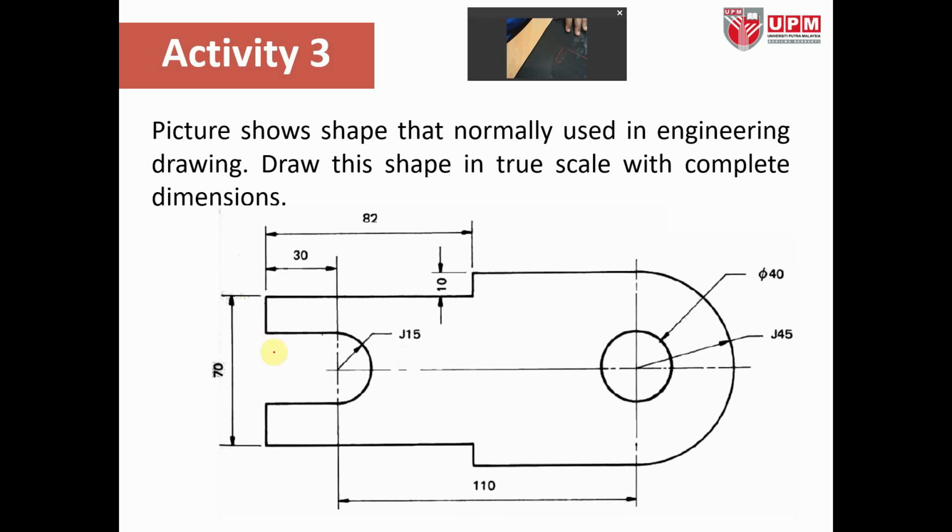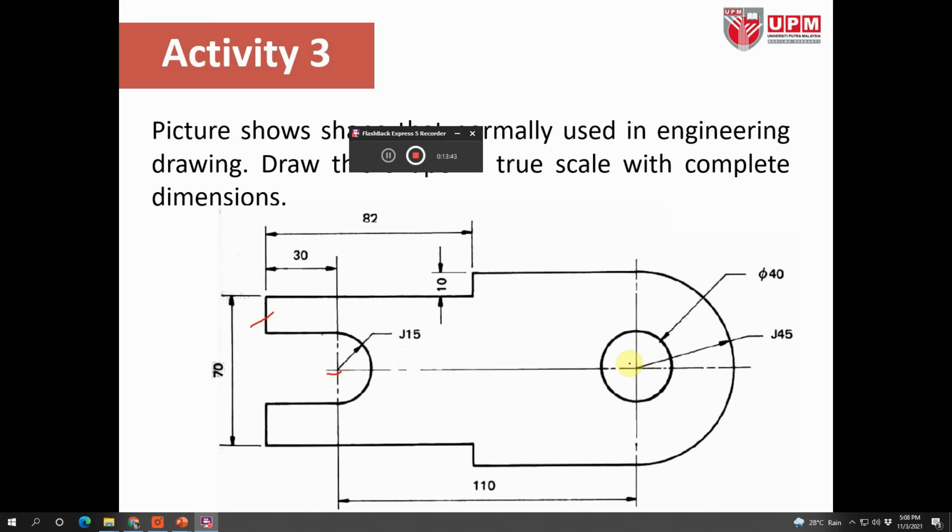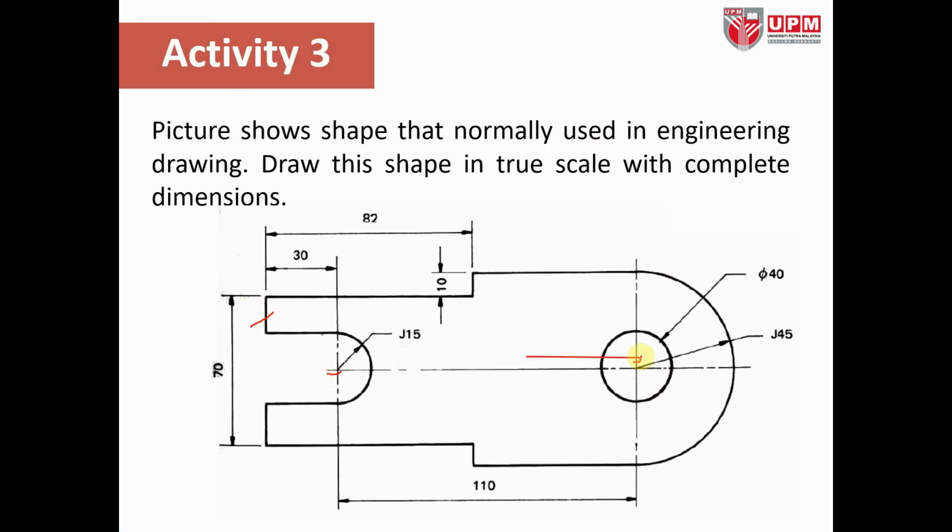You can start from here, you can start from here, but I would suggest starting with something a bit prominent, a bit obvious, like this one. We can start from this small circle, draw this first circle, and then you can draw the bigger circle here, and then from here you can start drawing all of these according to the dimensions.